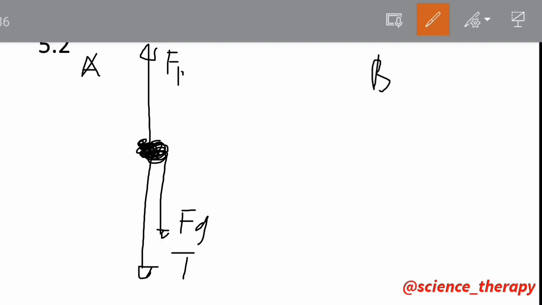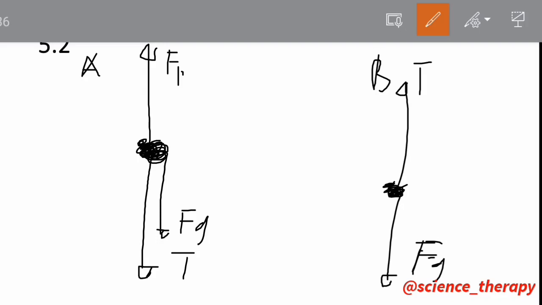What about sphere B? From the position that sphere B is in, we can see that it is experiencing the tension in the upward direction, and also the gravitational force. Remember, the force applied is not on B, it is on A, right? So these are the forces experienced by the spheres.